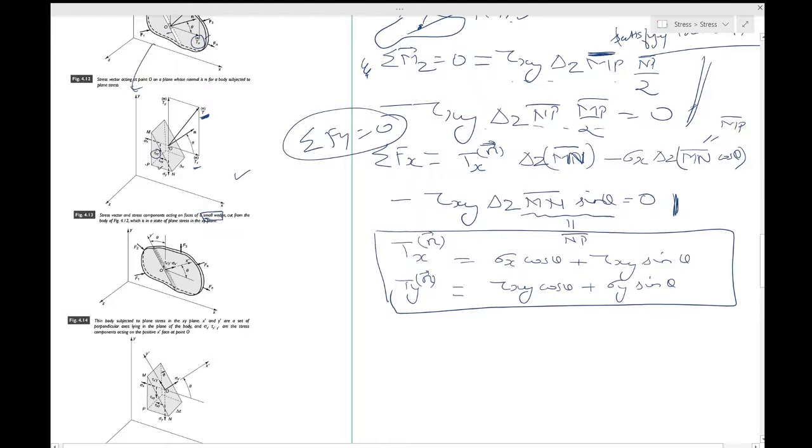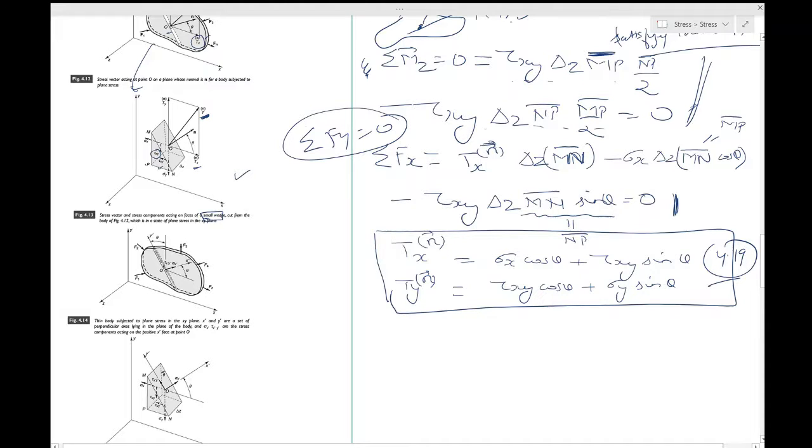Okay, so simplifying these two conditions, you should be able to get these terms.